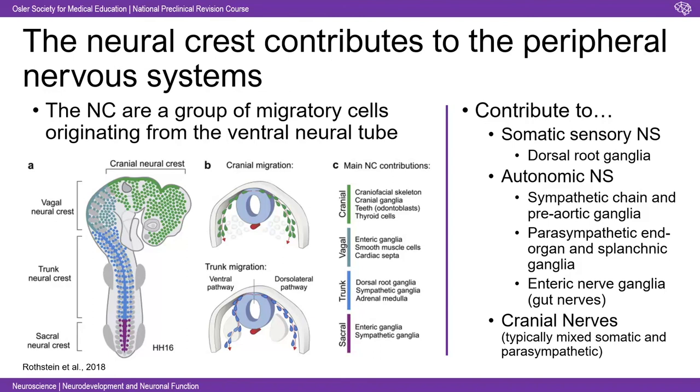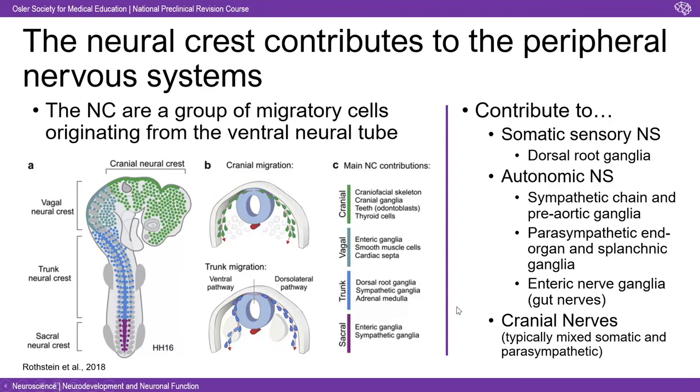And then they migrate along these really long and well-characterized migration pathways and contribute to a huge number of peripheral tissues. Now, many of those are more related to your first year embryology learning, but they do contribute really significantly to the peripheral nervous system.